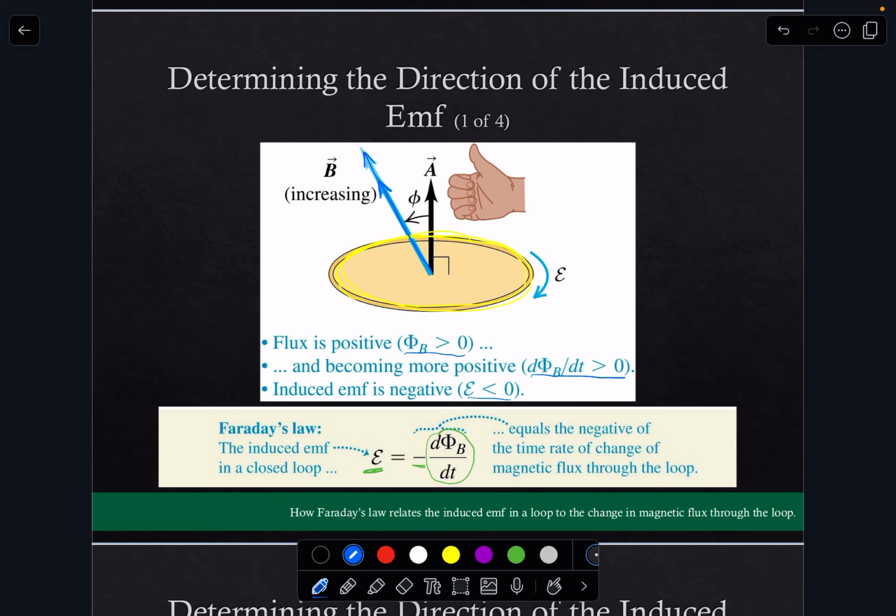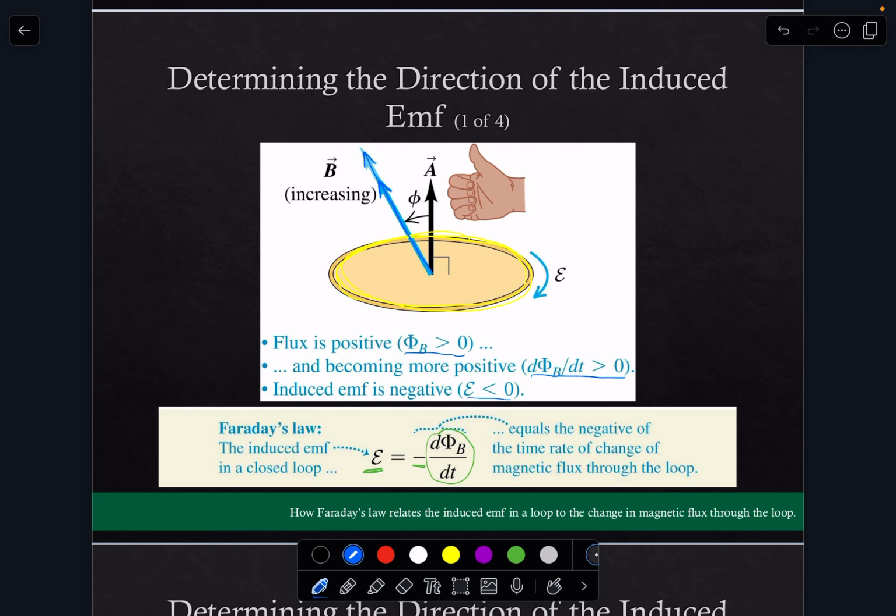And so what does negative mean? Well, negative means that if you use the right-hand rule to determine a current created by this B field in the picture, the current would be opposite to that right-hand rule. In the picture you see a thumb pointing in the direction of the B field.